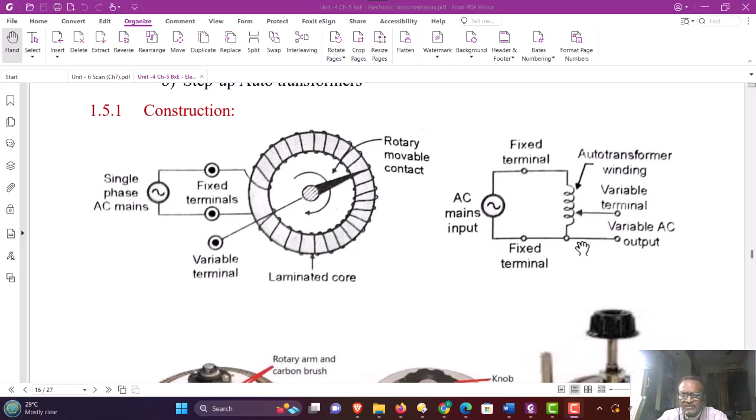And that is also applicable to the upper winding with the top fixed terminal. It is similar to a variable resistance arrangement.